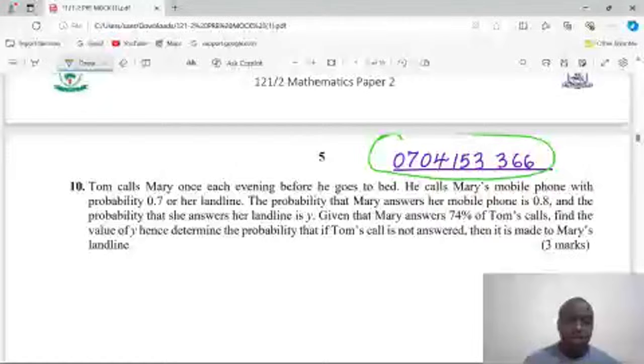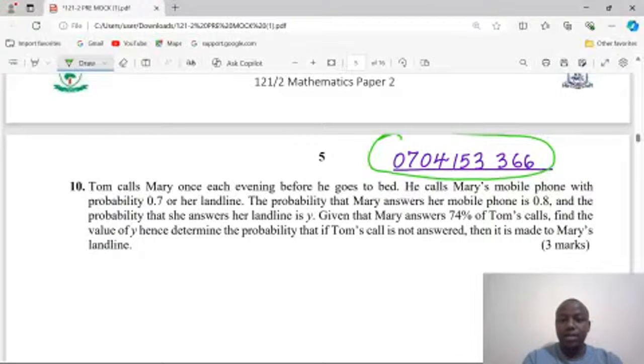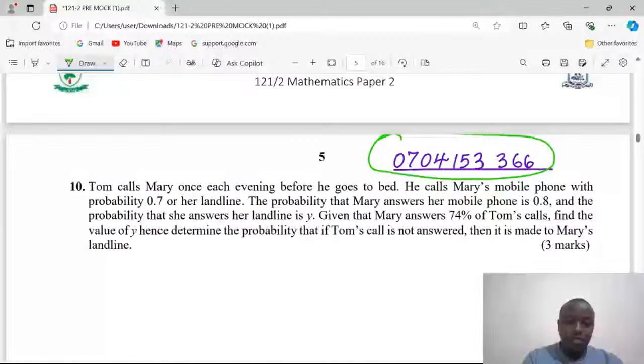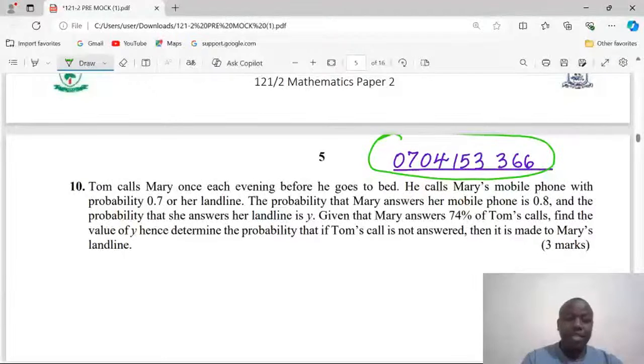Number 10, we are told that Tom calls Mary once each evening before he goes to bed. He calls Mary's mobile phone with probability 0.7 or 9. The probability that she answers her mobile phone is 0.8, and the probability that she answers her landline is y.